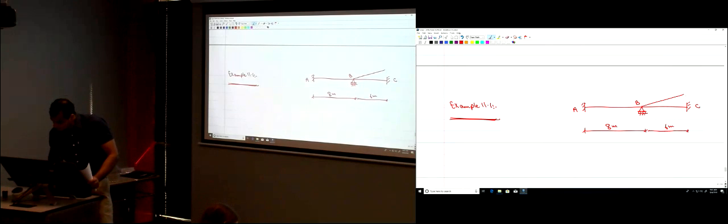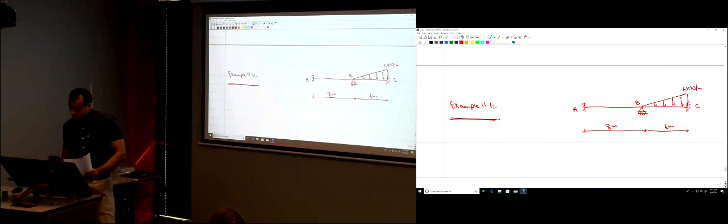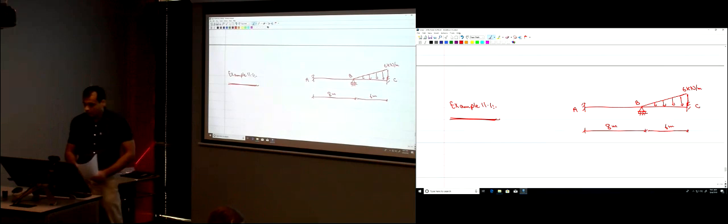On member BC, there is a triangularly distributed, linearly varying load, with an intensity of 6 kilonewtons per meter at point C.